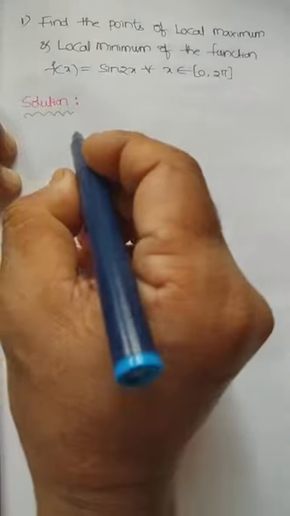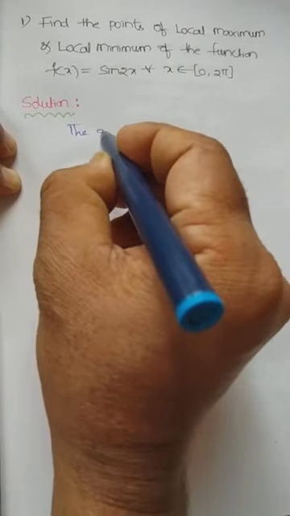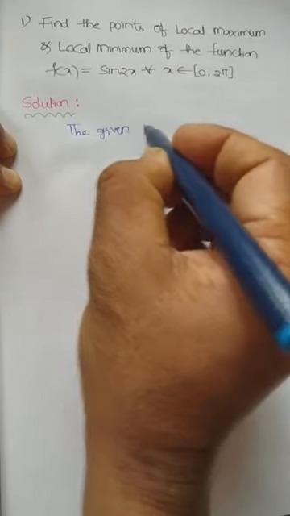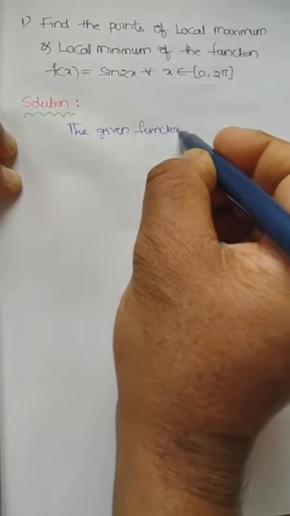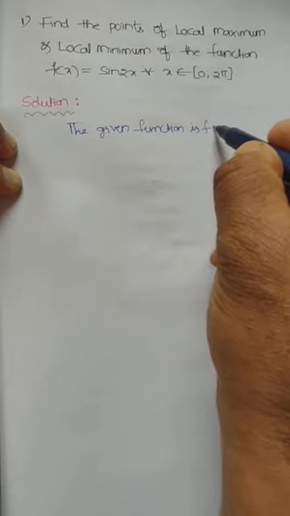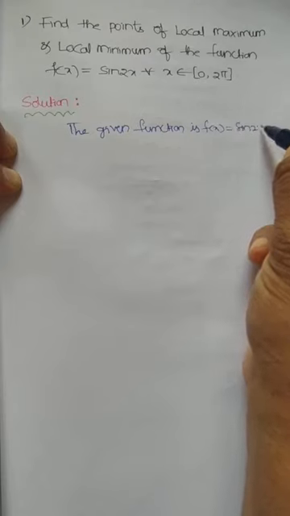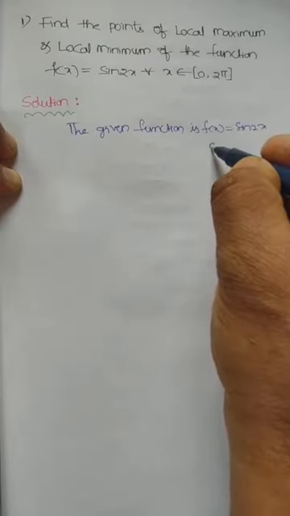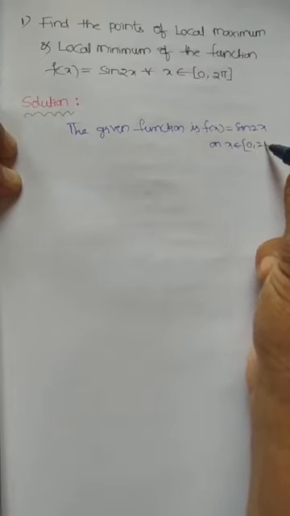Now, in the solution, the given function is f of x is equal to sin 2x, where x belongs to the interval 0 to 2 pi.